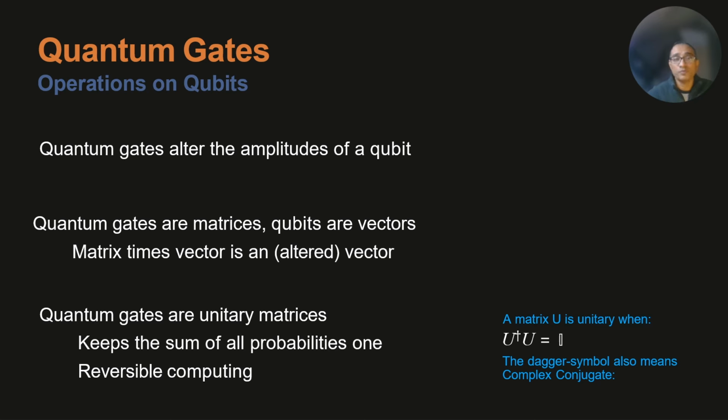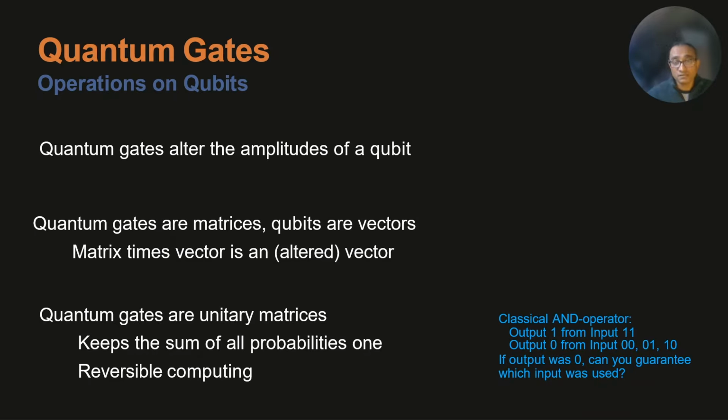Now, another important property of the quantum gate is that it helps us do reversible computing, which means you can go back from an output to an input sequence. If you draw a parallel with classical computing, barring single-input gates like NOT, it is very difficult to go back from output to input. How so?